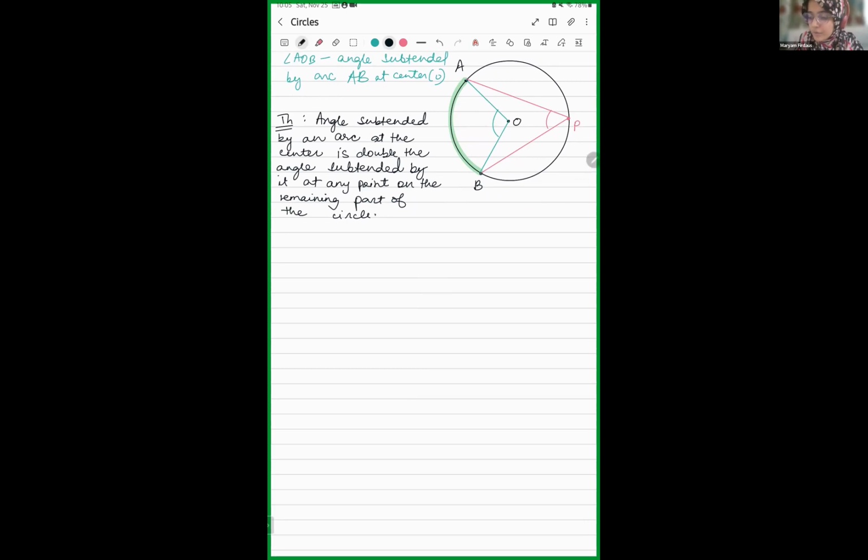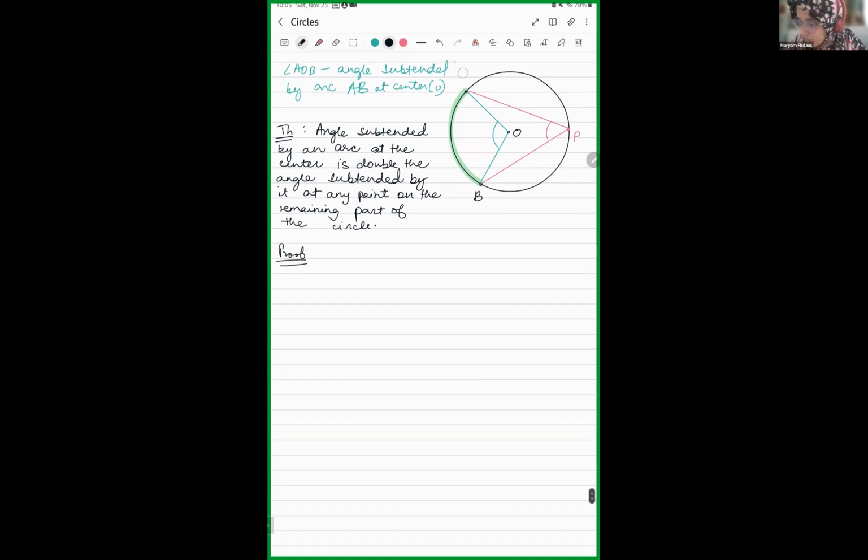Okay, so let's do the proof of this theorem. I'm just going to change the names of this. Now, what is given?